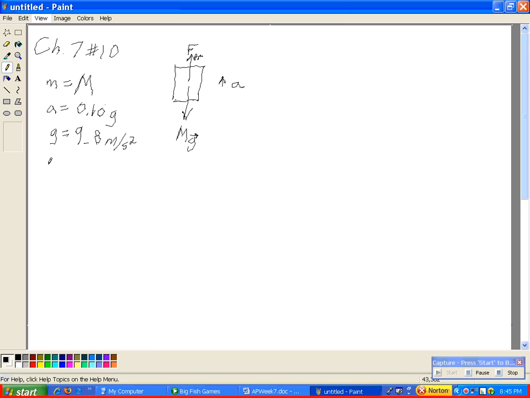The first part of the question asks, what is the force of the lift, of the propeller? And the second part of the question asks, what is the total work done by the propeller?